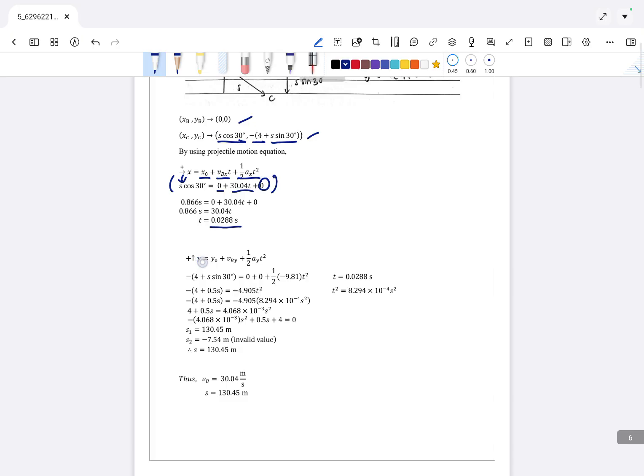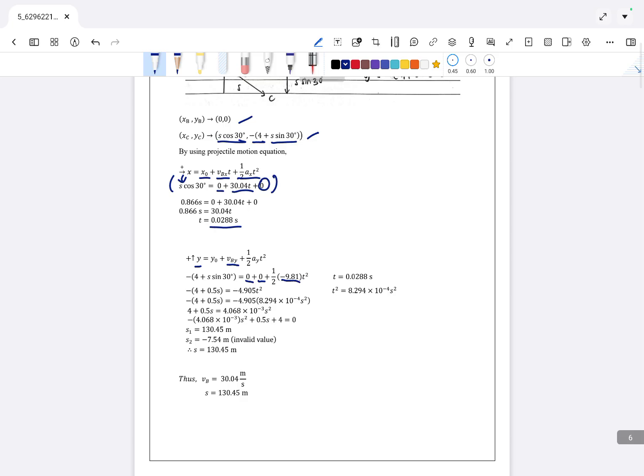After this, we can move on to the vertical equation, which is y equals y naught plus vby t plus 1/2 ay t². So we need to substitute all the values in this equation. For y, the value will be negative in bracket 4 plus s sin 30 equals y naught, which is 0, and vby is 0 also, plus 1/2 in bracket negative 9.81 t², negative because it's going downward.